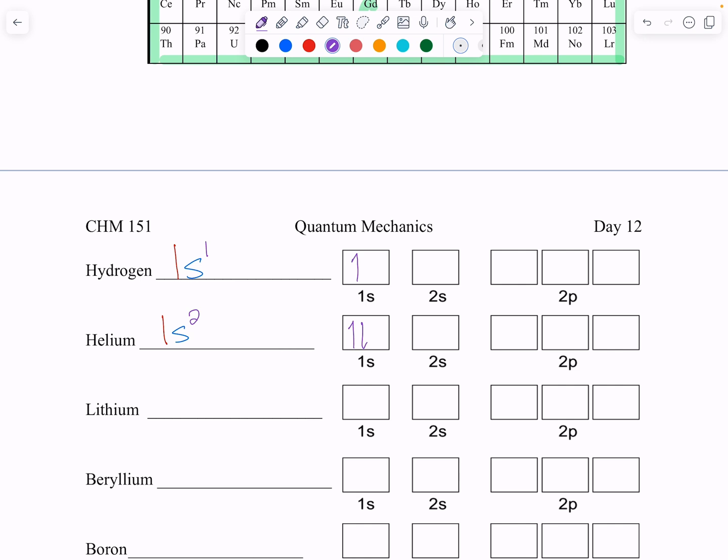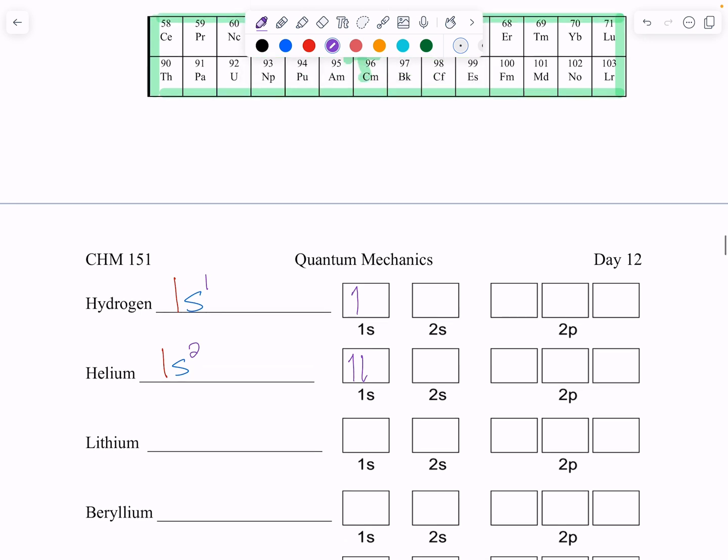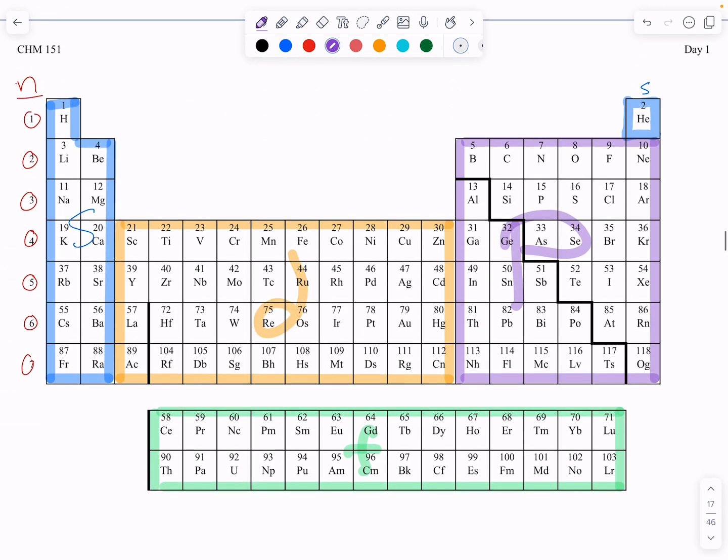Now, I have one box drawn for 1s, and that's it. Well, if you remember, we did the orbitals. N equals 1, L is 0, M sub L is 0. I only have one orbital. All right. I only have one orbital. So you could technically put helium right here.